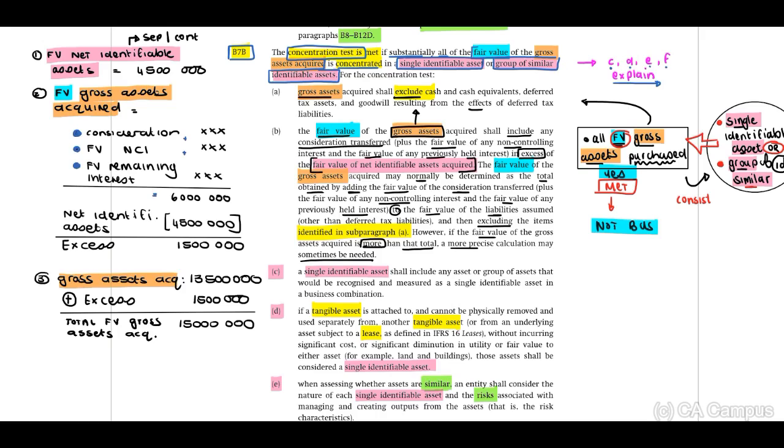And in this very basic example, this will be 6 million minus our net identifiable assets calculated in number 1 at the top. Do you see that the 4.5 million agrees? And this will result in an excess of 1.5 million.